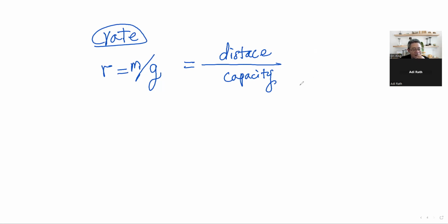So now we can use D for distance and G for the gallons we take. So now we have R equal to D over gallon. Now, based on that, if we know the rate and the distance, we can figure out how many gallons we need.